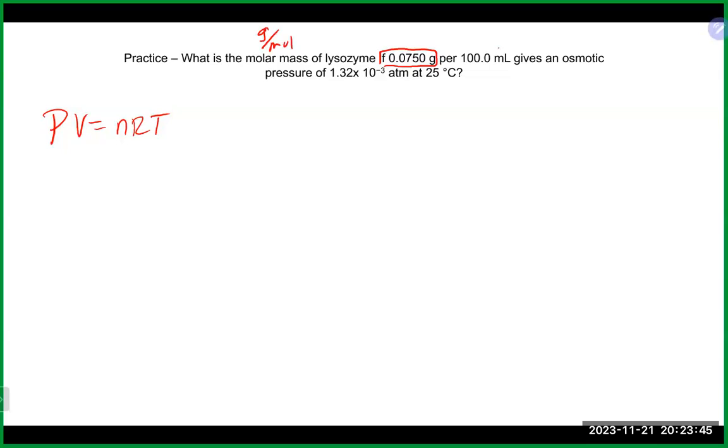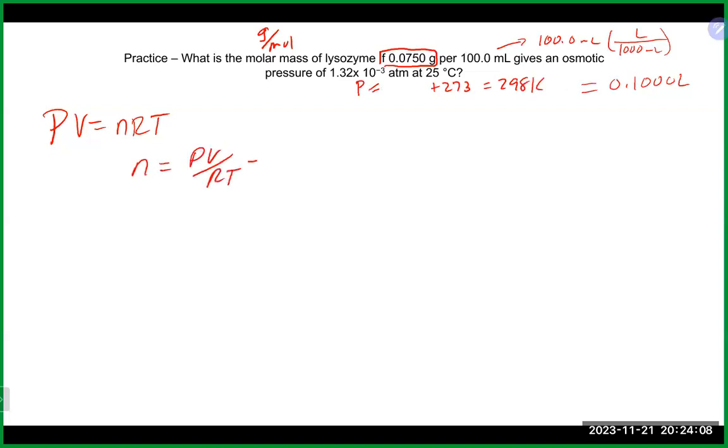Here we do have 100 milliliters, which we need to convert into liters, so we'll divide it by 1,000, and that will give us 0.1 liters. Our pressure is in atmospheres, so that's good. And we'll add 273 to get to our Kelvin. So once again, we'll solve for N, which is PV over RT.